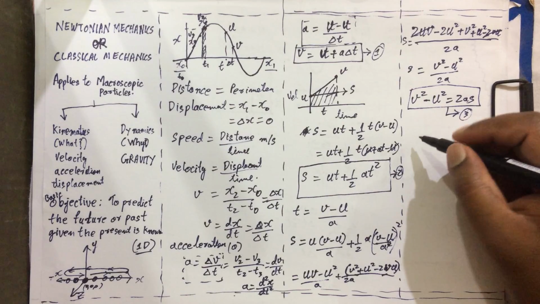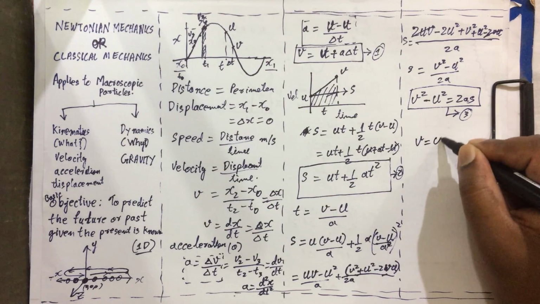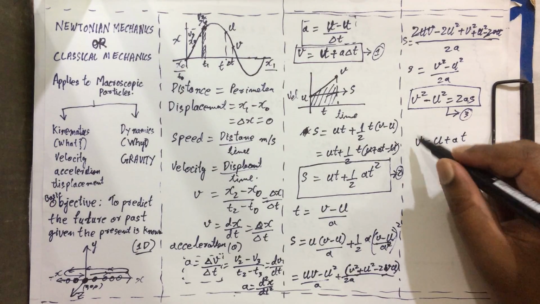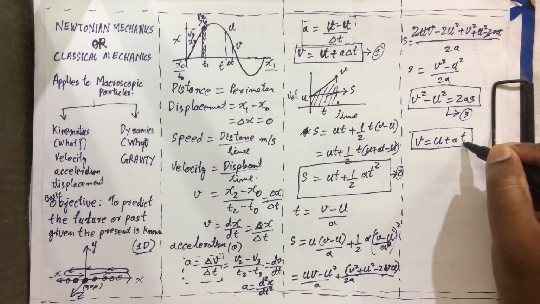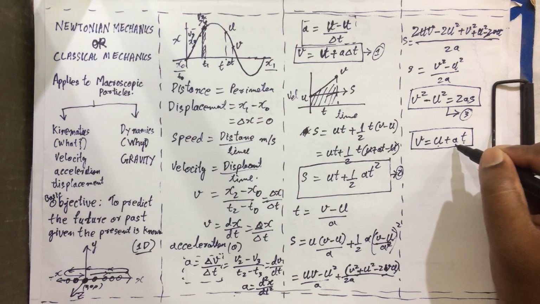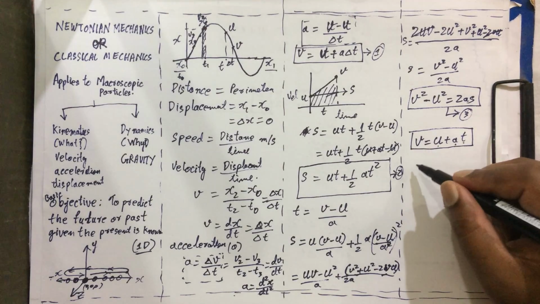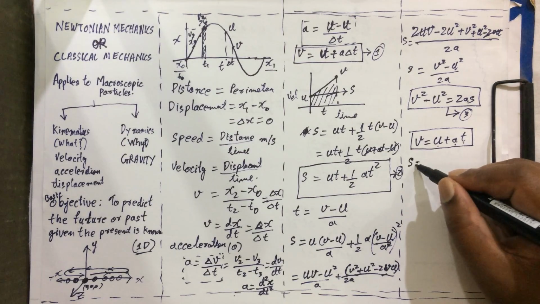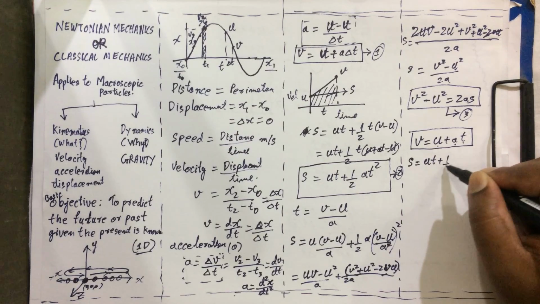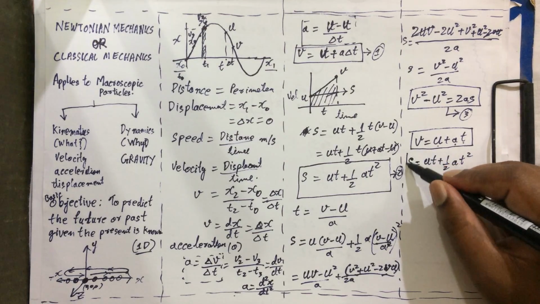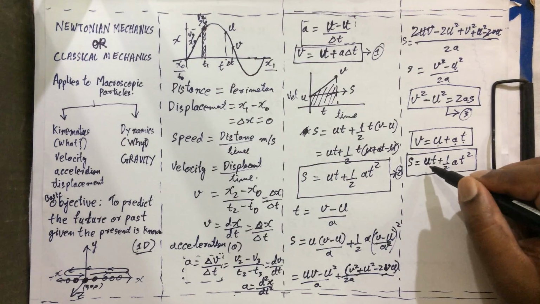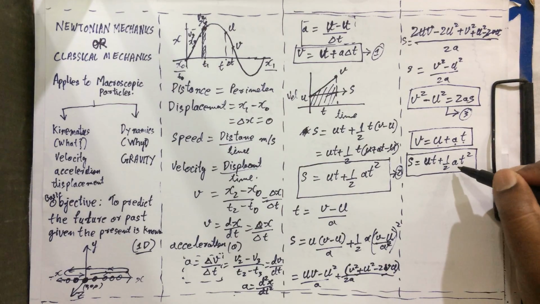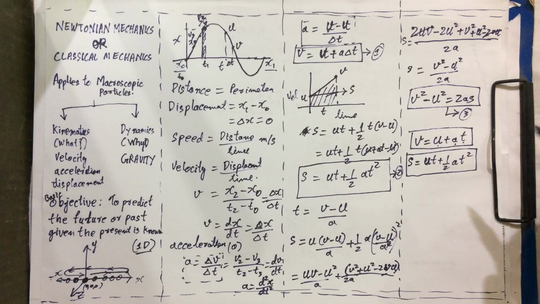So equation 1, which is v equals u plus at, tells us that if you know the initial velocity and you know for how long acceleration is provided, you can find out the final velocity. The second equation, s equals ut plus half at square, tells us that if you know the initial velocity, the acceleration and the time of acceleration, you can find out the total distance it has covered.